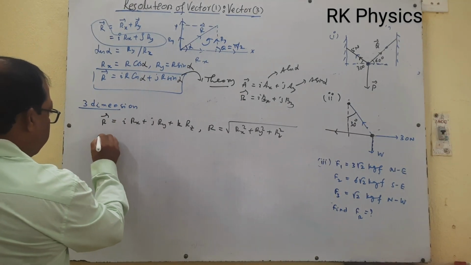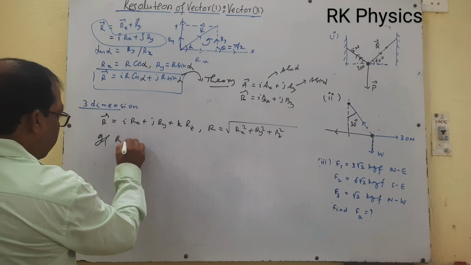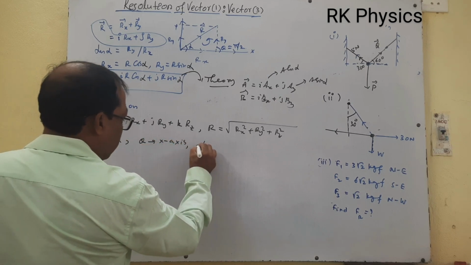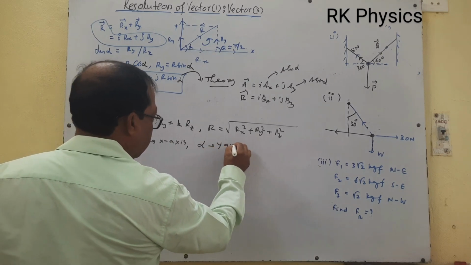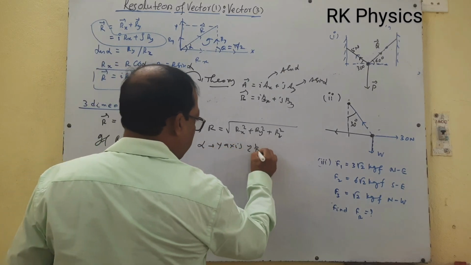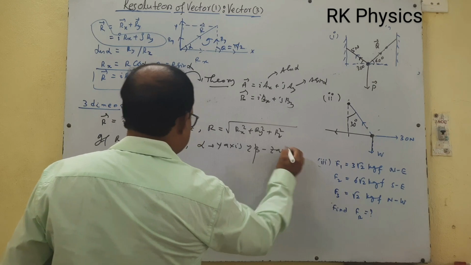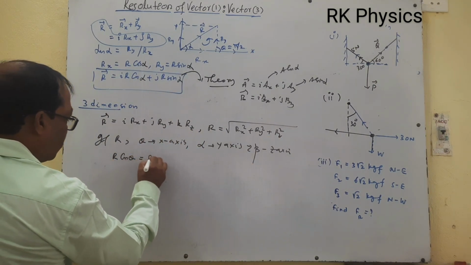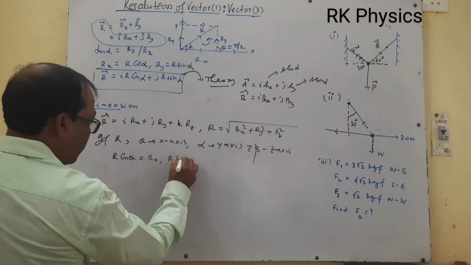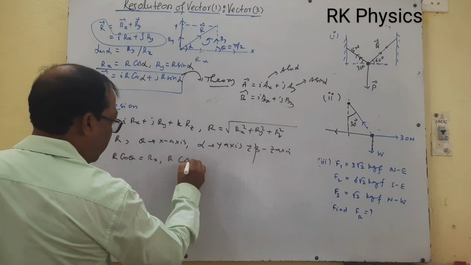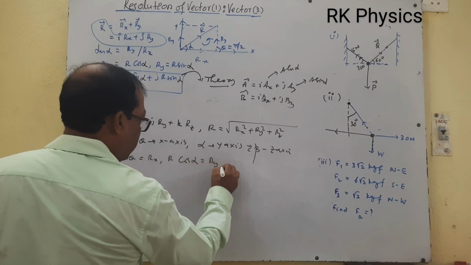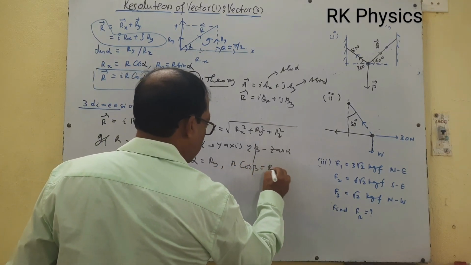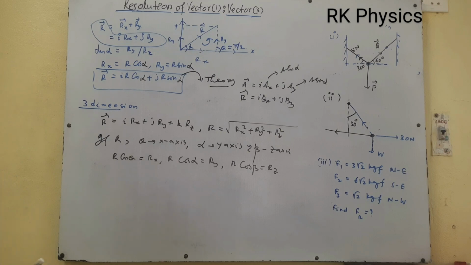Okay. Now if r makes an angle theta with x-axis, alpha with y-axis and beta with z-axis, then r cos theta equals Rx, r cos alpha equals Ry, r cos beta equals Rz.